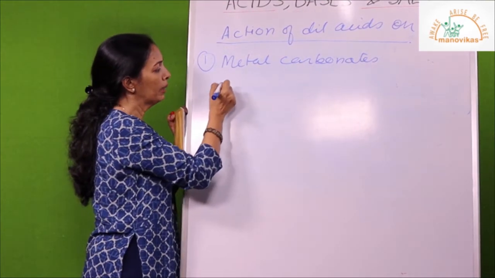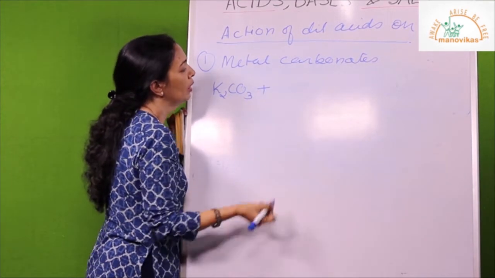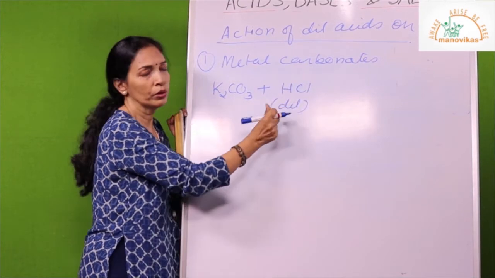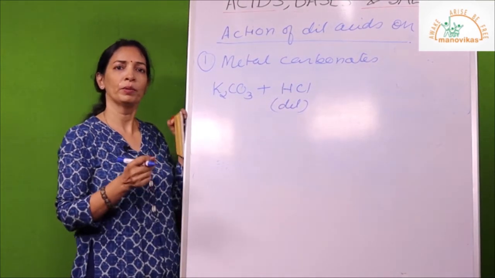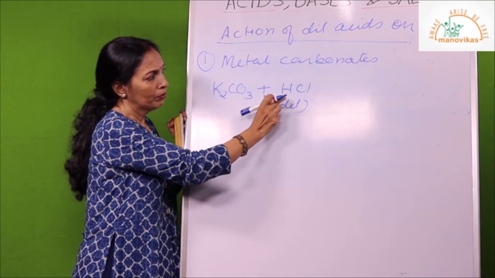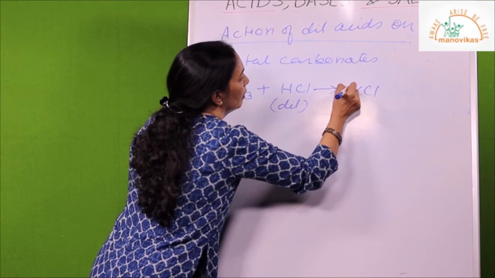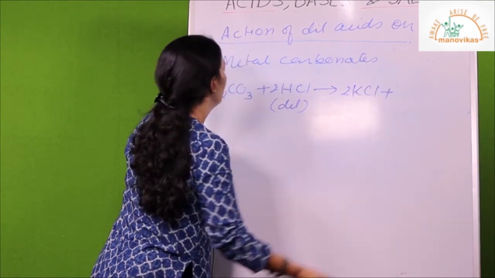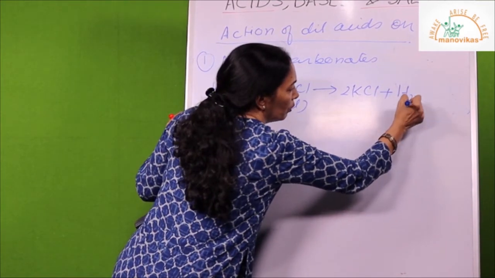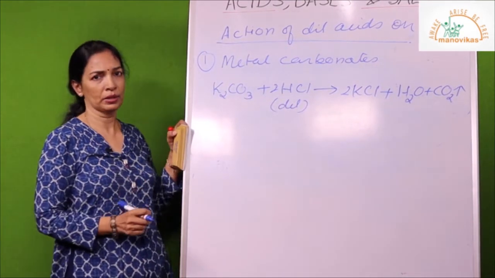Let us suppose we are taking a metal carbonate, sodium carbonate or potassium carbonate plus acid, if it is treated with dilute acid. It's very important to write dilute over here because dilute has its properties different and concentrated are different. So potassium carbonate when it reacts with HCl, it will form KCl, okay, and what will be given out here? H2O plus CO2. So the gas which is coming out is carbon dioxide gas.